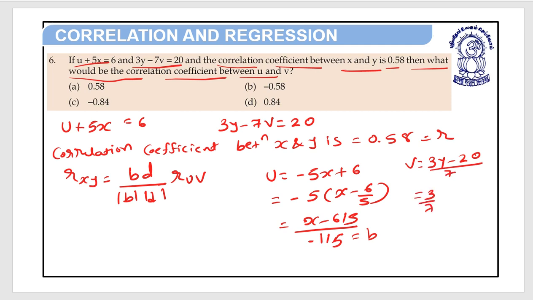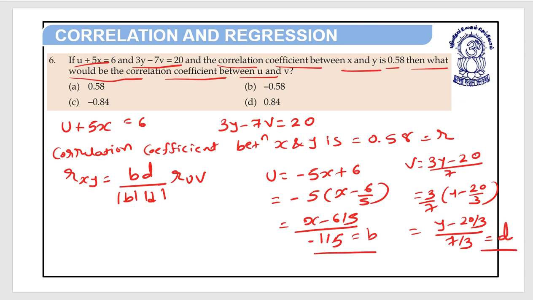So 3 by 7 common, y minus 20 by 3. So you can write y minus 20 by 3 upon 7 by 3. That is d.